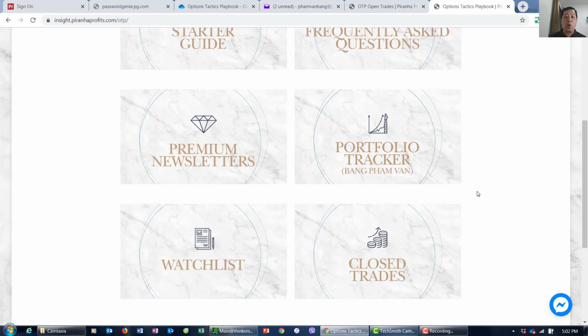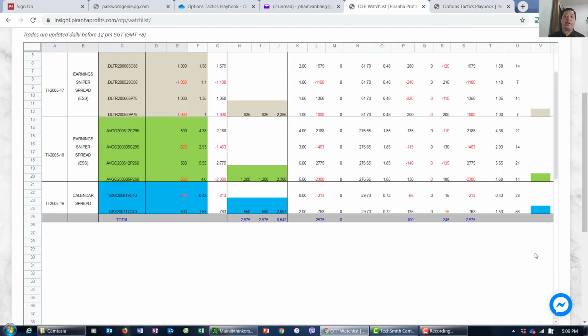That's it. That's how you look at the open trades. Now, when you go to the OTP website again, you see another tab called Watch List. If you click into the watch list, you will see a list of the trades that I have not entered yet, but I added to the list for my monitoring.